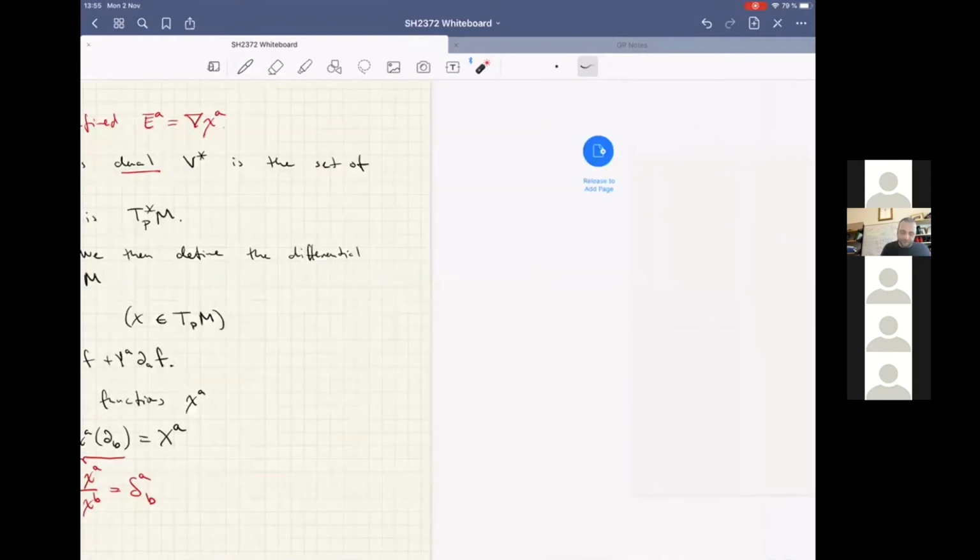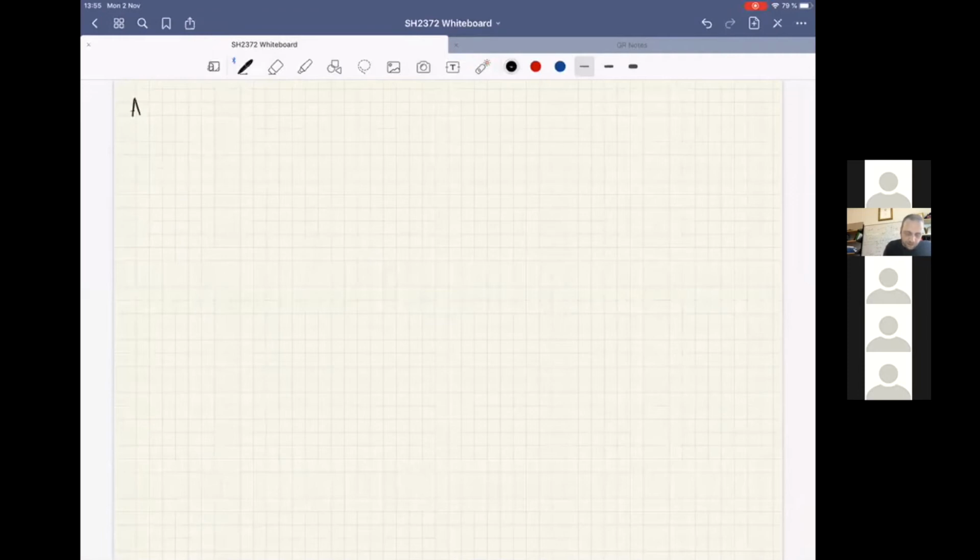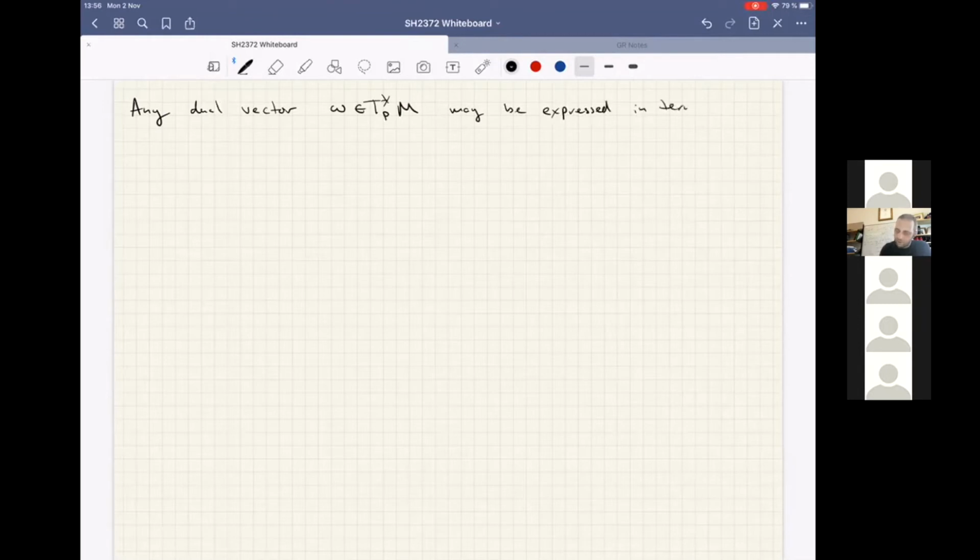So in general, any dual vector, I'm going to denote that by omega now, so it's an element of Tp star M, may be expressed in terms of these differentials of the coordinate functions.